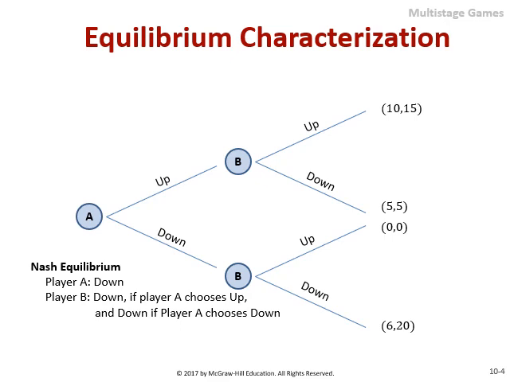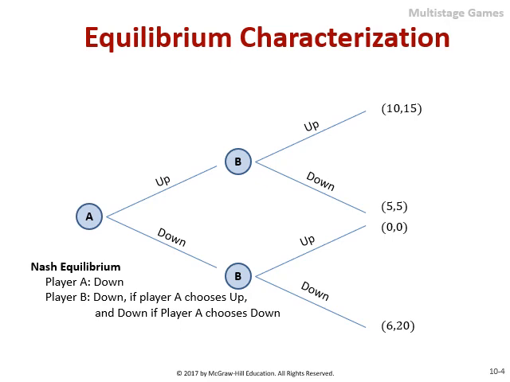While when B plays down if A chooses down, down and down, this will give player A a payoff of 6. So what's more desirable for player A, a payoff of 6 or a payoff of 5? Of course, a payoff of 6.